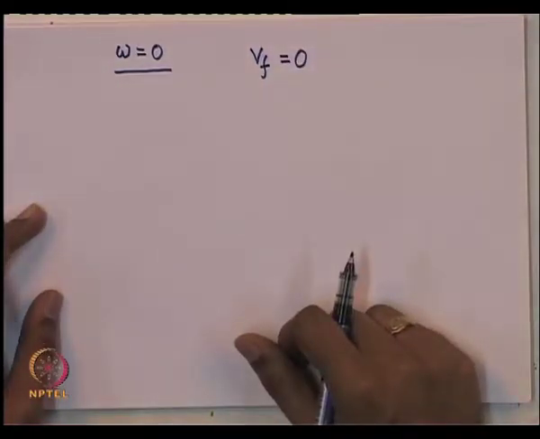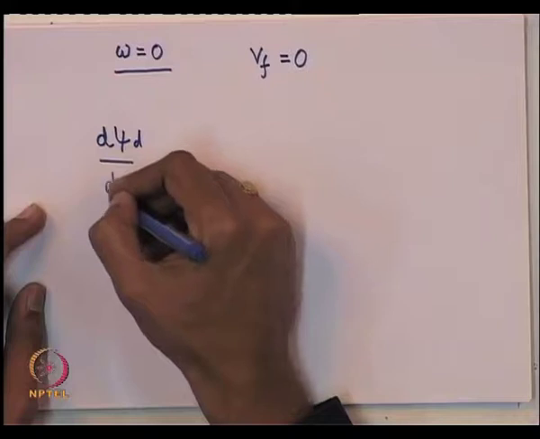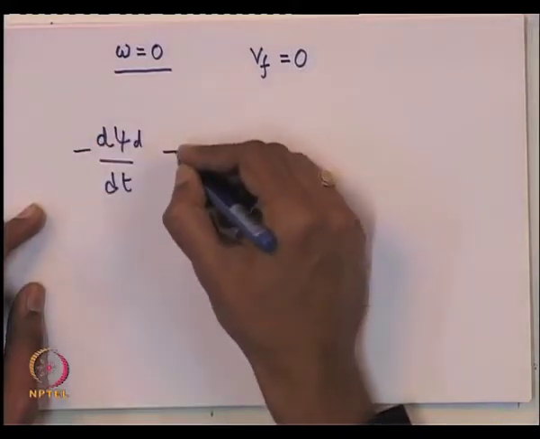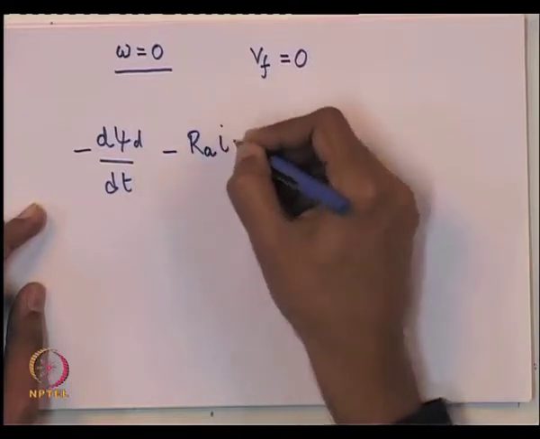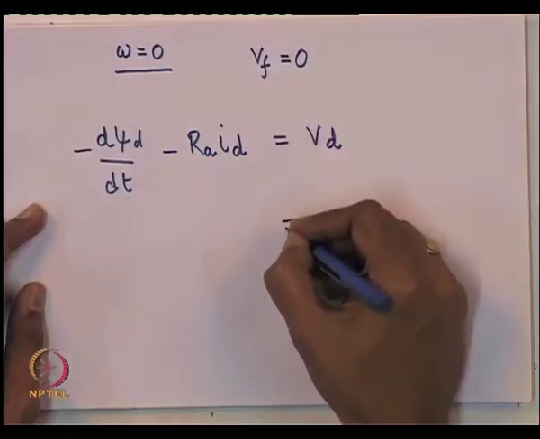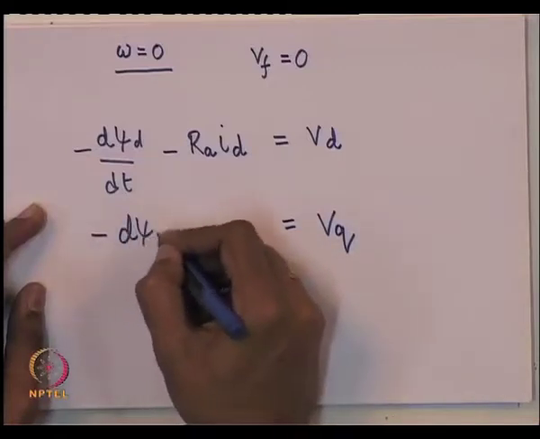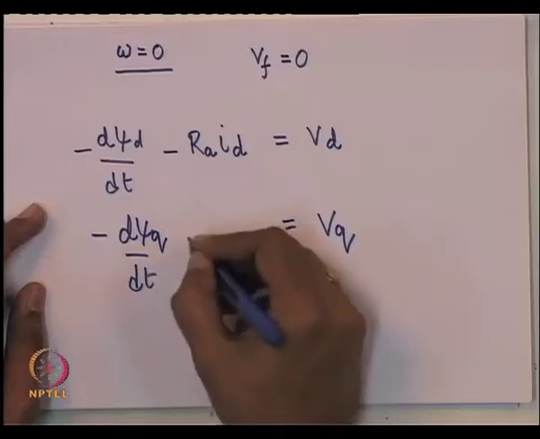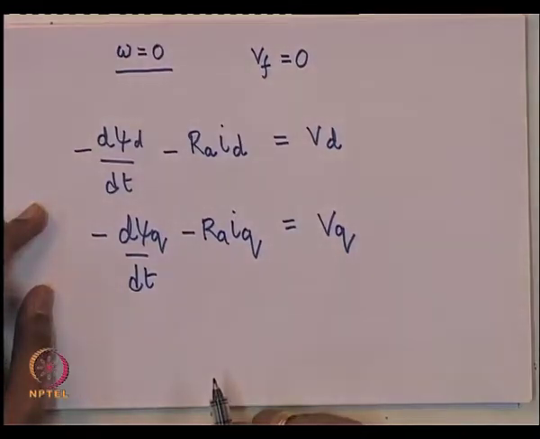In such a case, the stator flux equations can be written down like d psi d by dt, and there is no speed EMF term, because speed is 0.